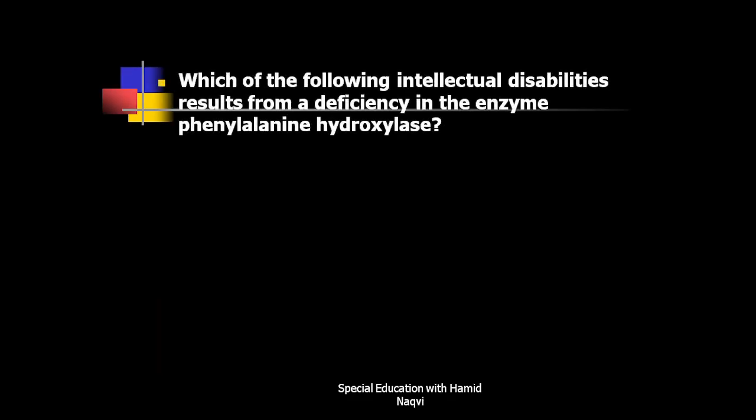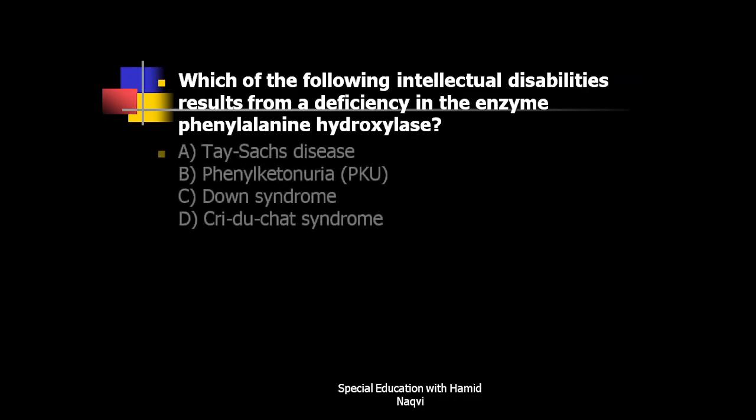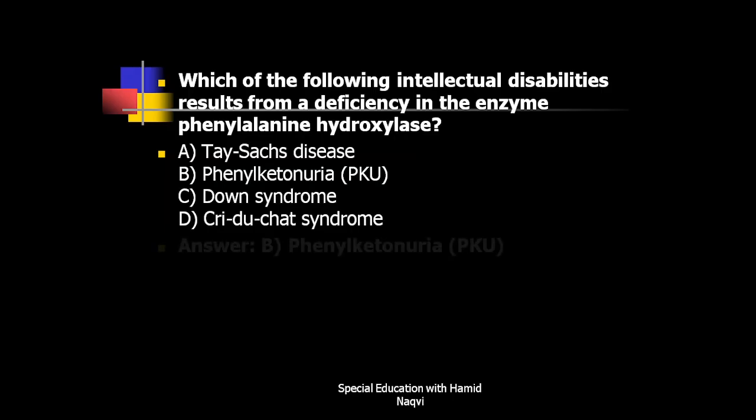Next MCQ is: which of the following intellectual disabilities results from a deficiency in enzyme phenylalanine hydroxylase? Tay-Sachs disease, phenylketonuria, Down syndrome, or Cri-du-Chat syndrome?